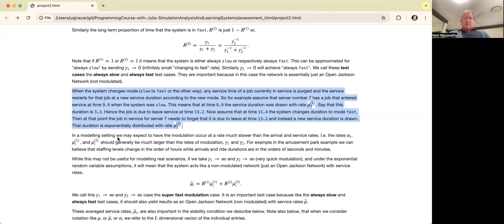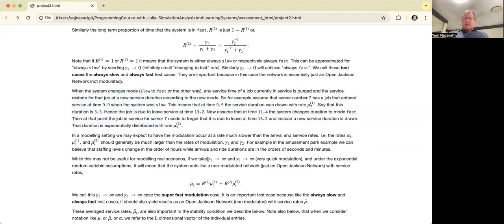So just another statement, in a modeling setting, you would probably want modulation to occur at a much slower rate than service and arrivals, right? So jobs move through the system, and from time to time it modulates and changes.